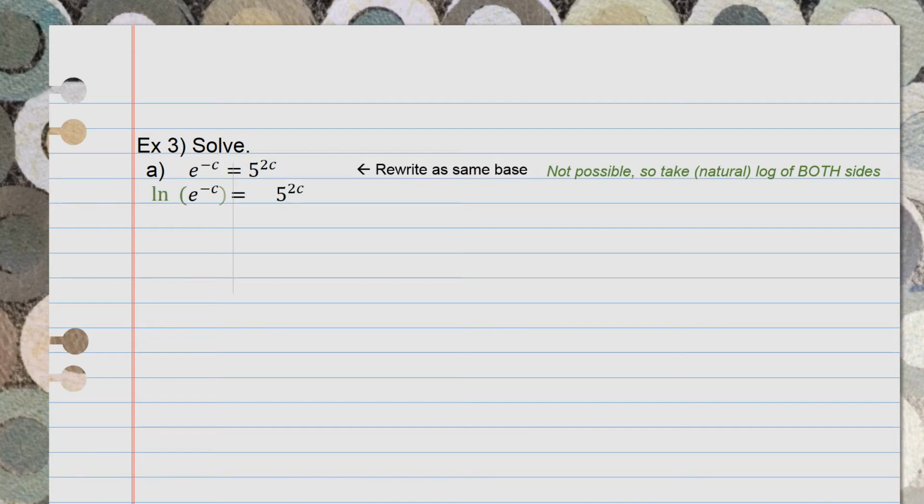So on the left side, we take the natural log of e raised to the power of negative c. And on the right side, we take the natural log of 5 raised to the power of 2c. Since we've introduced log or natural log, we can use all the properties of logs, product, quotient, power rules, any of those come into play.